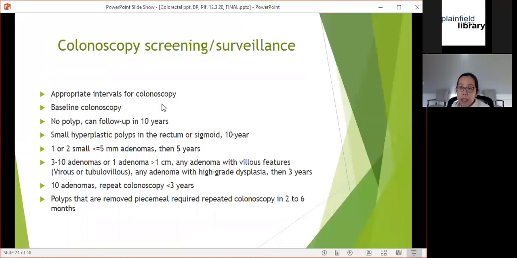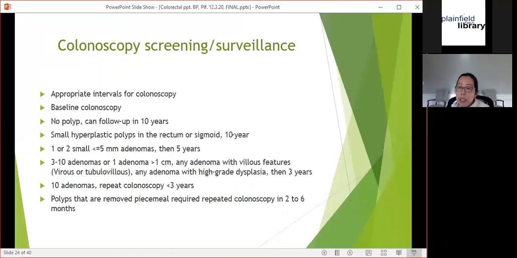After a baseline colonoscopy, what is an appropriate interval for surveillance colonoscopy? If the patient does not have a polyp, he can be followed up in 10 years. If there are small hyperplastic polyps in the rectum or sigmoid, colonoscopy can be repeated in 10 years. If the patient has 1 or 2 small adenomas, less than 5 millimeters, repeat colonoscopy in 5 years.